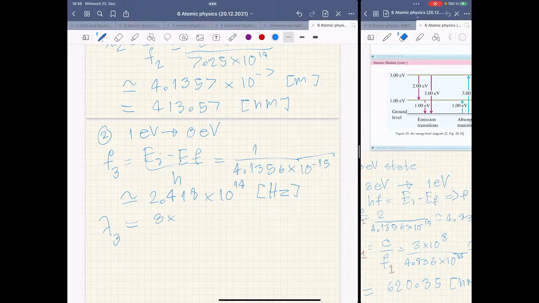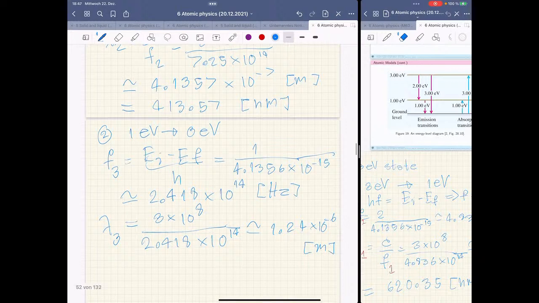It's going to be 3 times 10 to the 8 divided by 2.418 times 10 to the 14, and you will get 1.24 times 10 to the negative 6, and it's in meters, right?